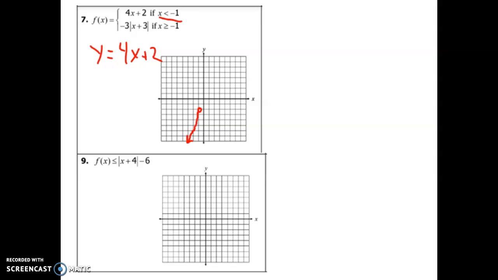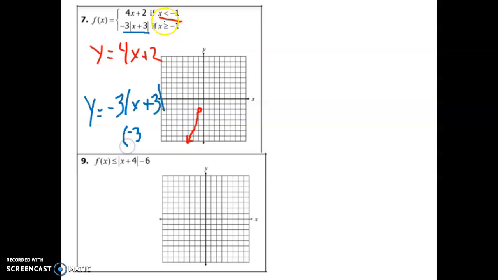The second piece, I'm going to draw in a different color just to make it a little easier to see. So I'm going to use blue. The second piece, f of x, or y, equals -3 times the absolute value of x plus 3. We're going to graph it just like we've been graphing earlier. Well, this is a positive 3 inside the absolute value. That means I have an h value, my vertex, at -3.